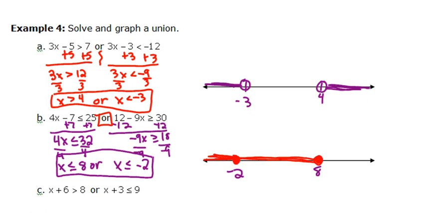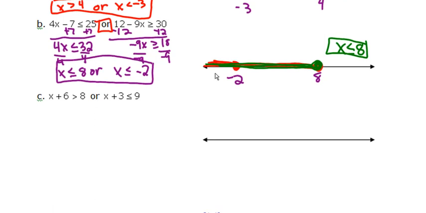So my final inequality, I'm just going to overlap this with another color, would be a closed circle at 8 with it going to the left, because that's covering at least one solution the entire way. So my inequality is x is less than or equal to 8. That's the final inequality. So let's look at C.